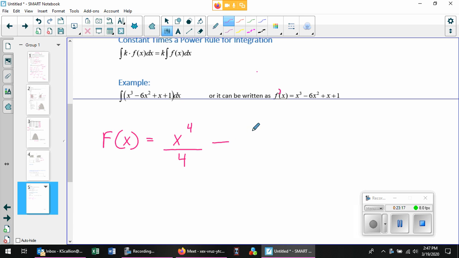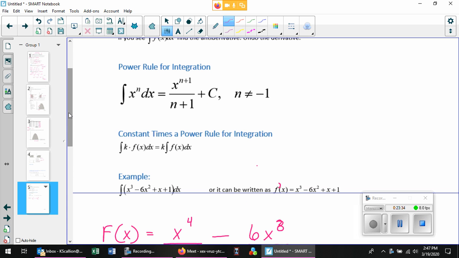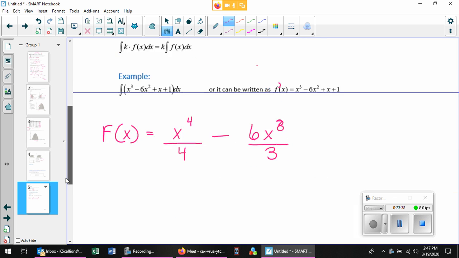Add 1, so we're going to keep the 6. We're going to go x cubed, and we're going to divide by 3. So whatever your exponent is, that's what you're dividing by, right? Because that was an n plus 1, and this is an n plus 1. So we're going to do the exact same thing.